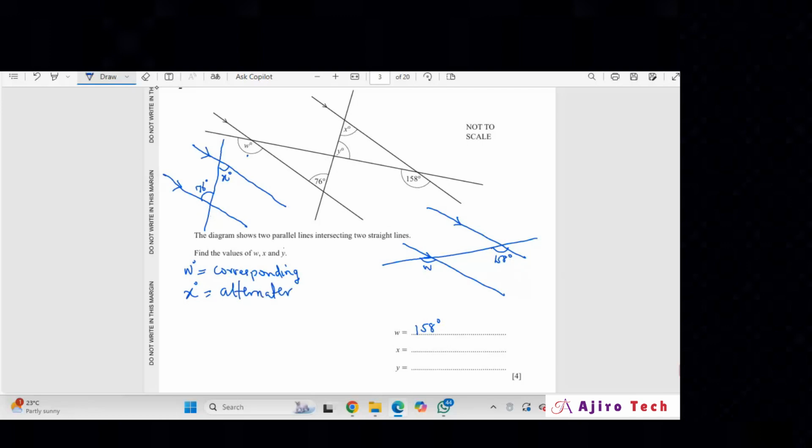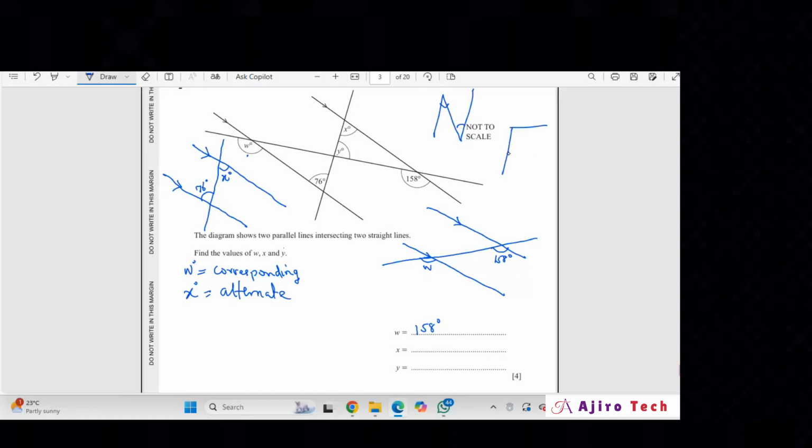If you look at it very well, we agree that they form a Z shape. Look at the Z from here, down here like this. This is the Z shape here, and the Z shape forms this angle here. So whenever we have a Z shape like this, this is alternate to this.